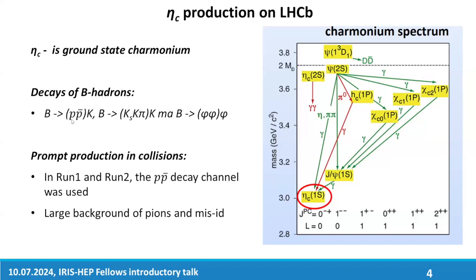You can see it in the brackets. But more interesting is its production in collisions via the proton-antiproton decay channel. This approach has a problem, such a high background due to a huge number of pions and mis-ID tracks.